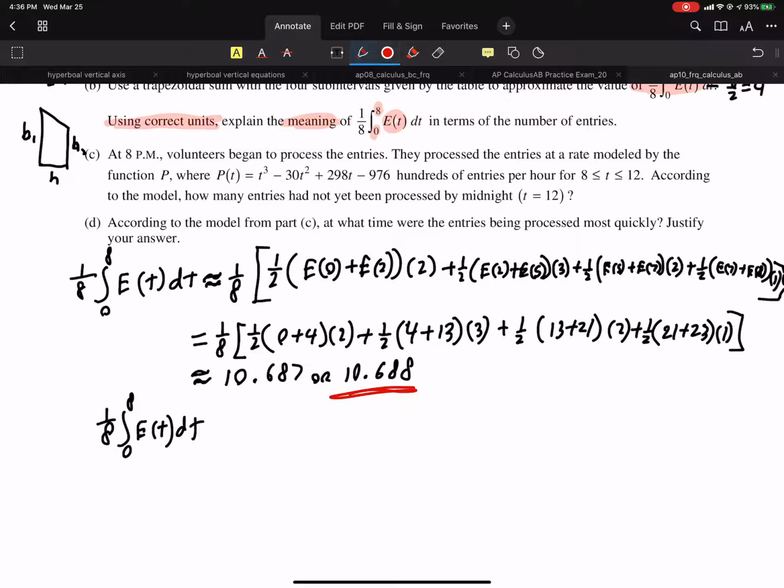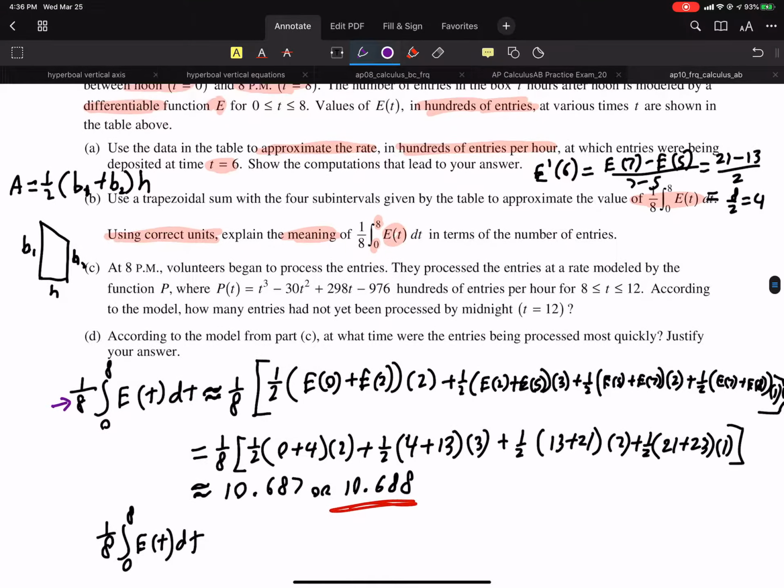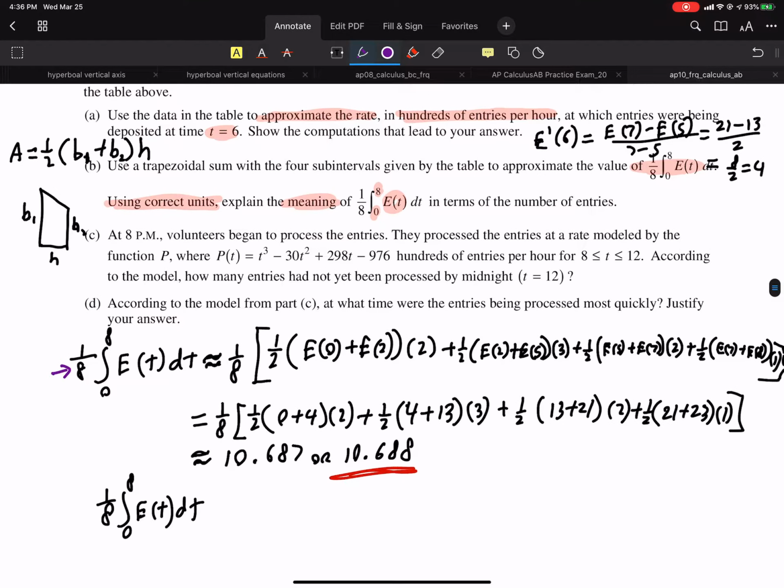So let's talk about how we get units. Let's use the units. Okay, what are the units of that 8? That's the width. That's hours. That's where that's coming from. So it's 1 over hours.